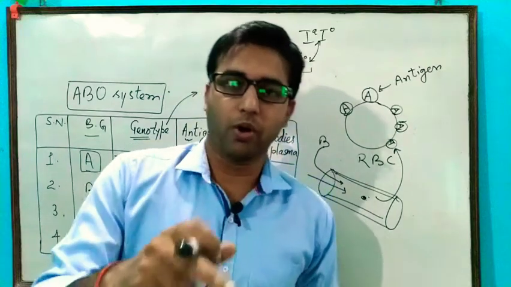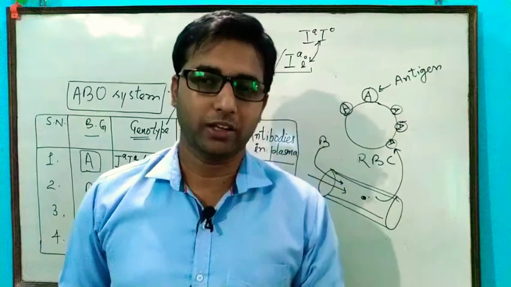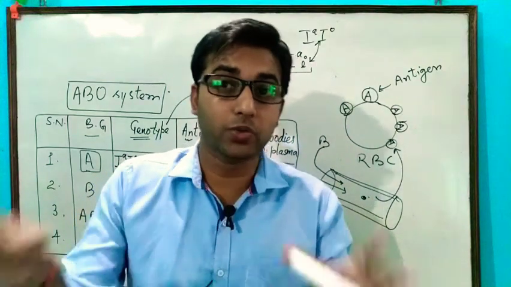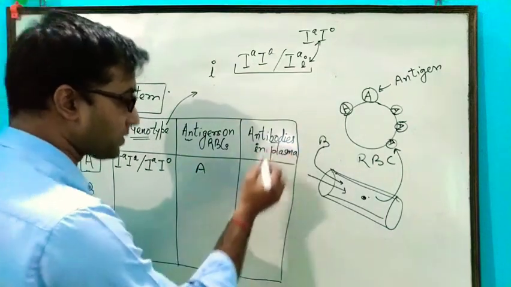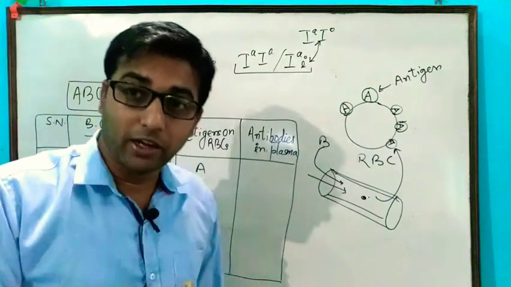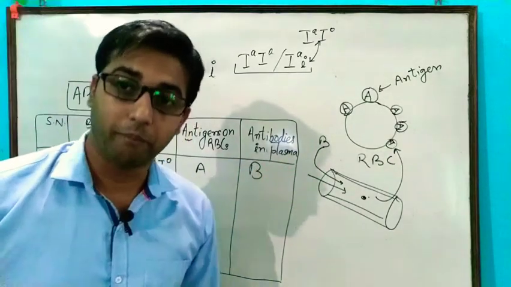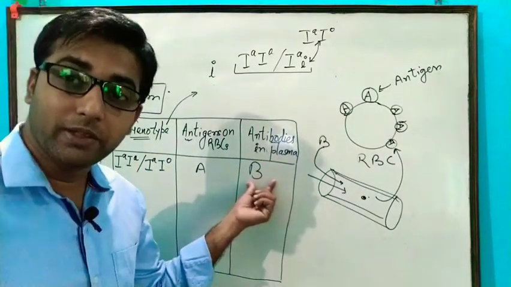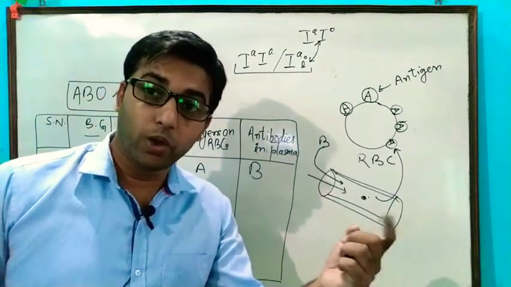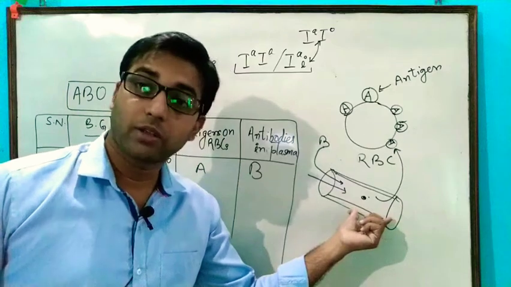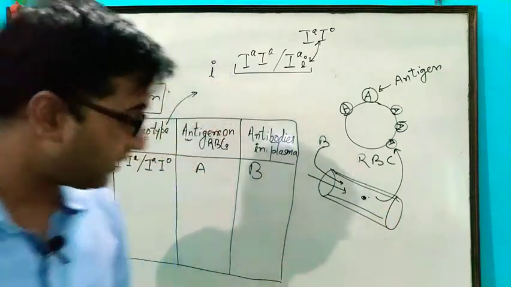So in response, anti-B, that is antibody B, is produced in the plasma. So the antibody in the plasma of Ravikant is B. It simply means they cannot allow B antigen to enter into this blood. Is it clear? Okay, very good.